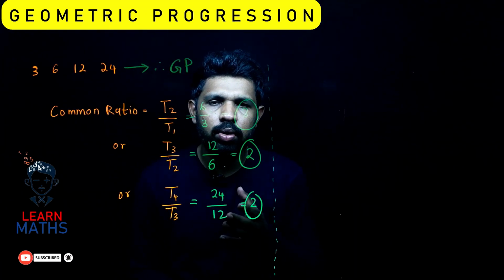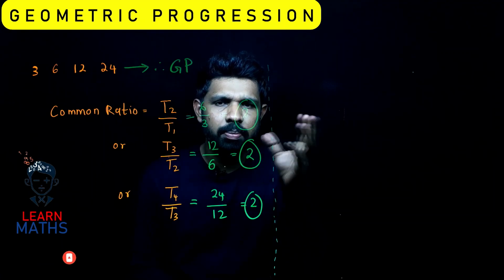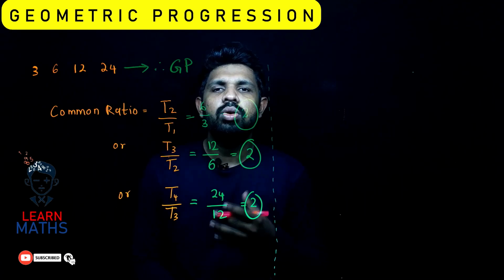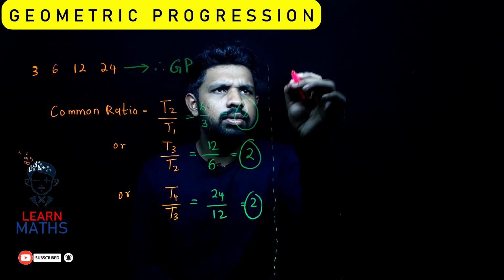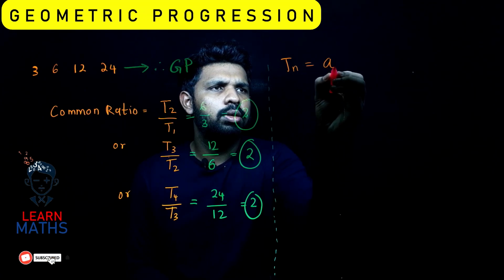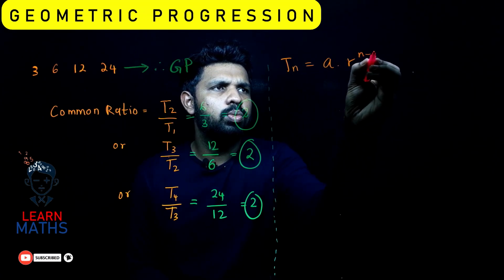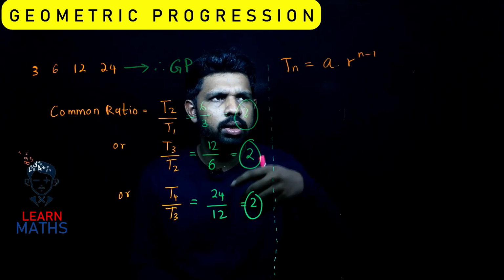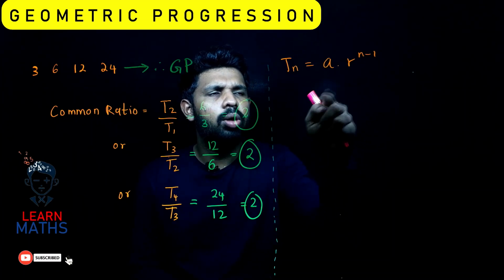Like in arithmetic progression, in geometric progression we have separate formulas to find the nth term as well as the sum. To find the nth term, the formula is Tn equals A dot R to the power n minus 1. Here A is the first term, as we studied in arithmetic progression, and R is the common ratio.